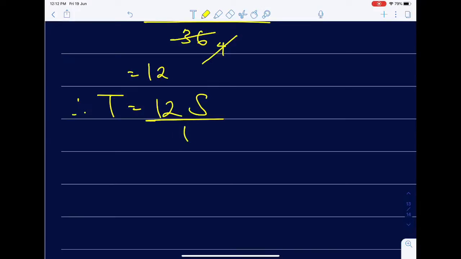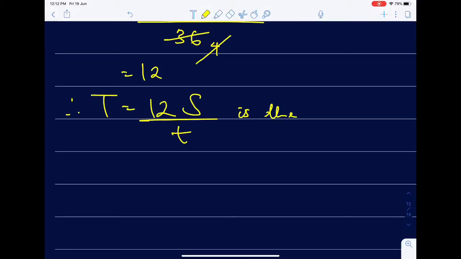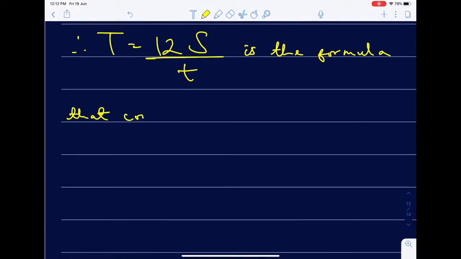Therefore, T equals 12S over small t is the formula that connects big T, big S, and small t.